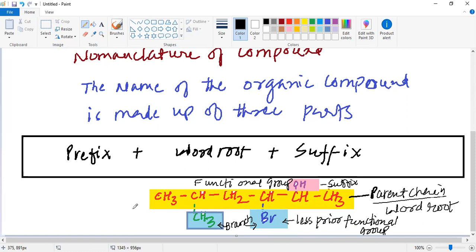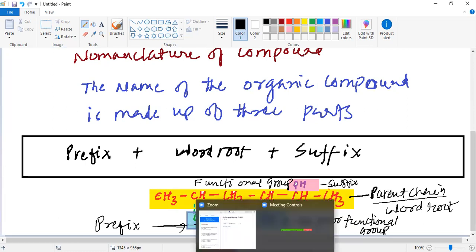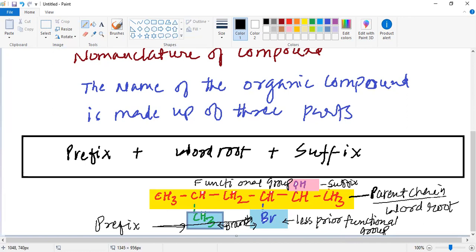And this too gives us the prefixes. So prefixes come from the branch or less prior functional group. The parent chain will give us the word root and this functional group will give us the suffix.